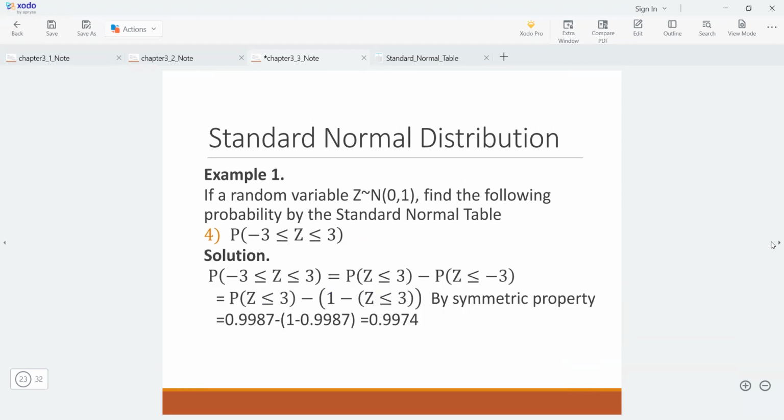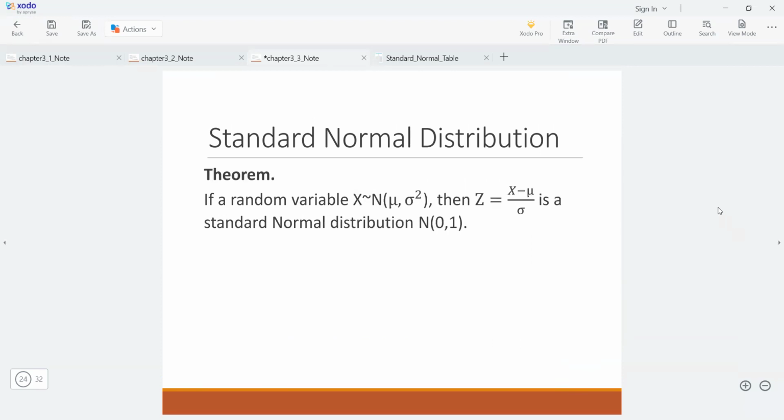So this is for the standard normal distribution. And if we don't have a standard normal distribution, how can we find the probability for a random variable that follows a general normal distribution, which means the mean mu is not equal to 0 or the variance sigma squared is not equal to 1?